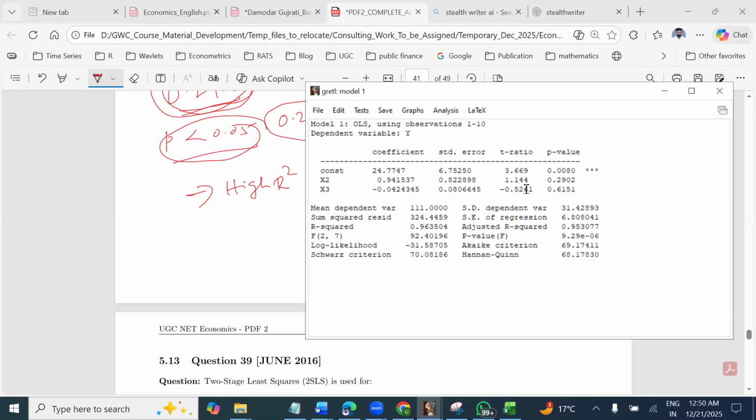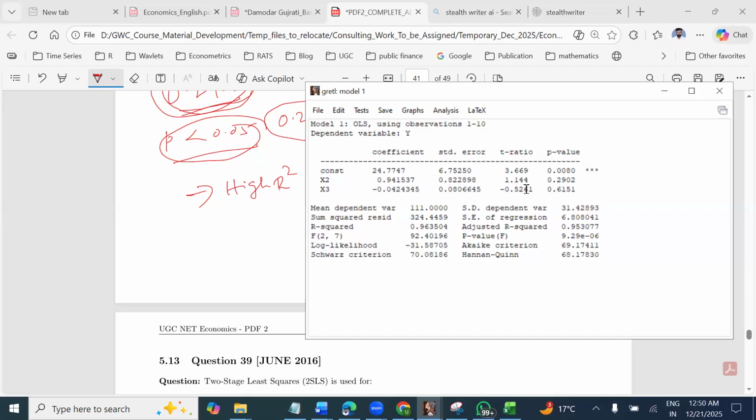So, in such cases, you can accept the null hypothesis that the true population value of beta 2 is equal to 0. It means it is not making any sense in your regression. Is it clear?